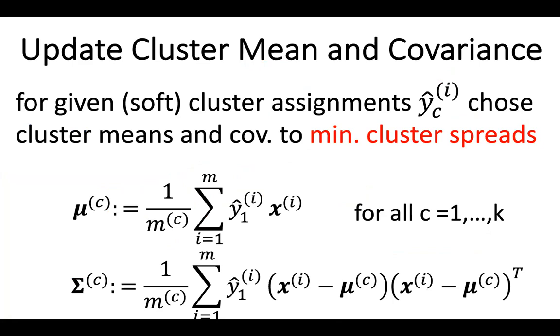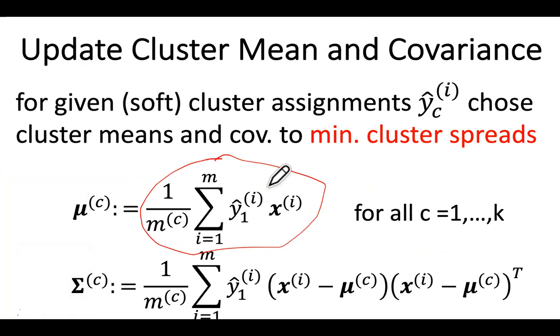Okay, so we can define a cluster spread again. And then what we do, like we did in k-means, is minimize the cluster spread. It can be shown that the cluster spread is minimized by choosing the mean vector of the cth cluster as the weighted average of all data points.